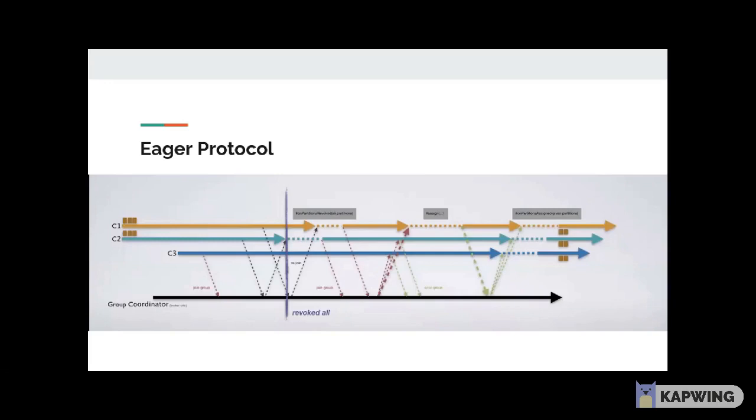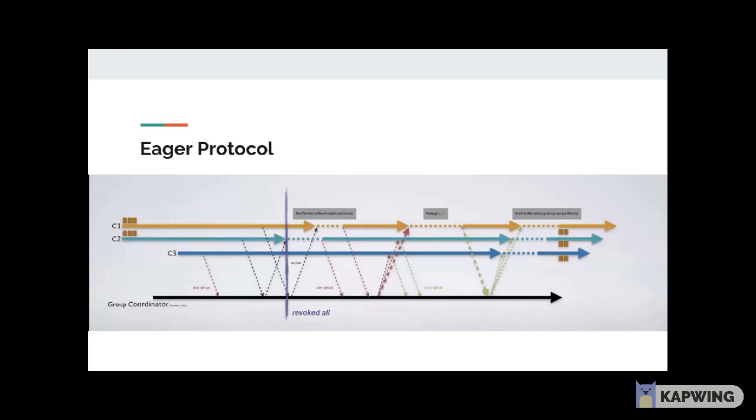So before understanding a partition rebalancing protocol, first let's understand some of the concepts. One is group coordinator. For a consumer group to work fine, there is a group coordinator which is played by a broker, right? So one of the brokers in the Kafka cluster would act as a group coordinator to one of the consumer groups or multiple such consumer groups, right?